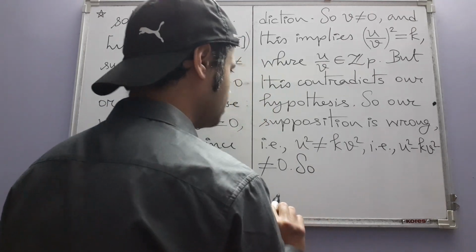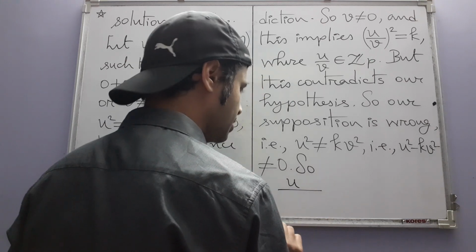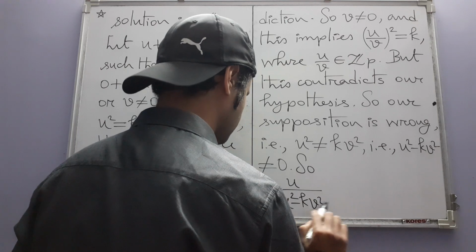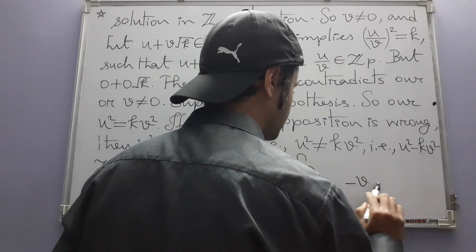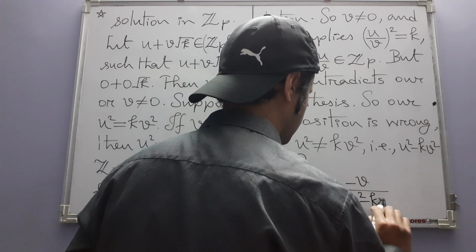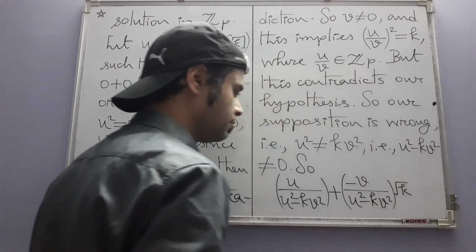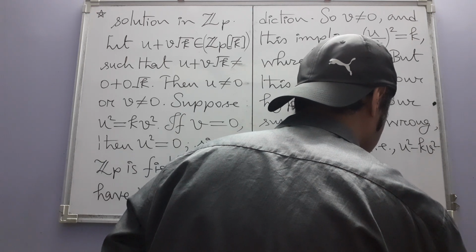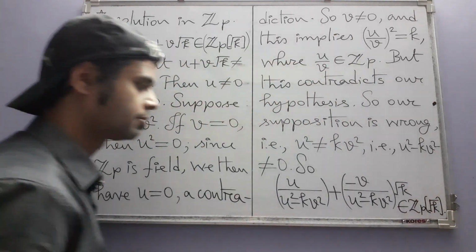So u divided by u square minus kv square plus minus v divided by u square minus kv square root k belongs to our set of symbols.